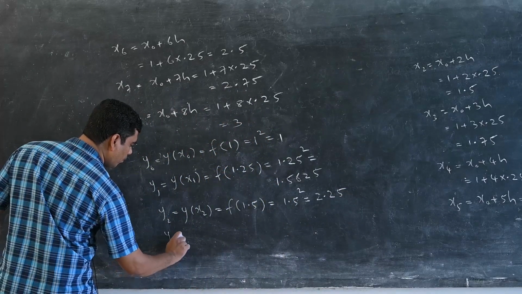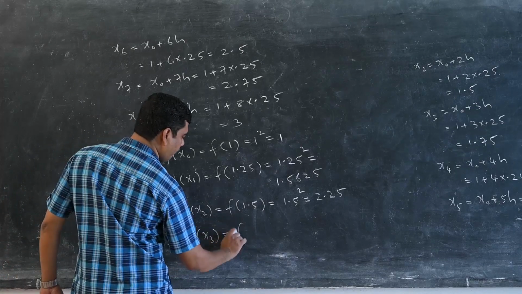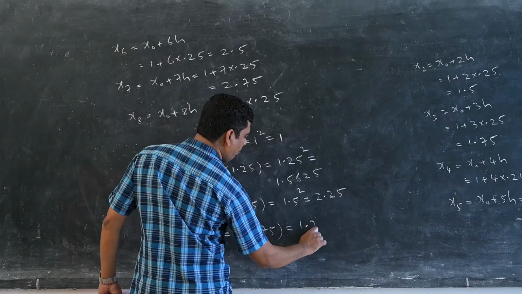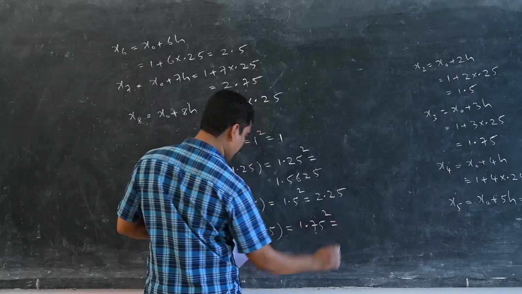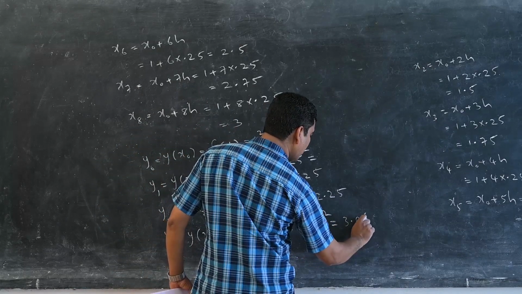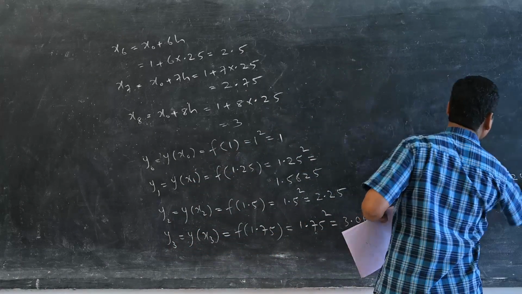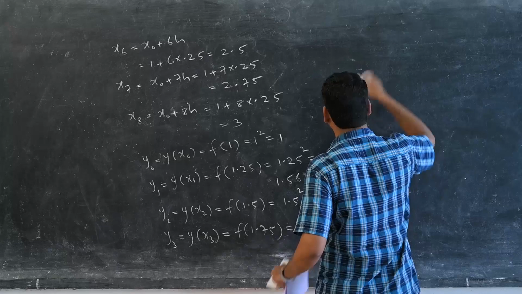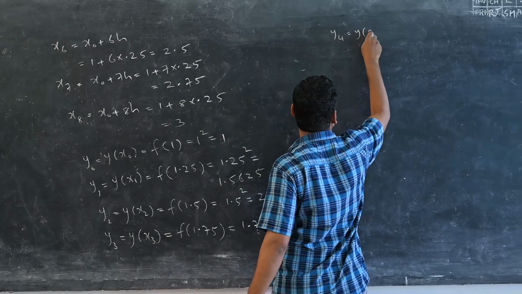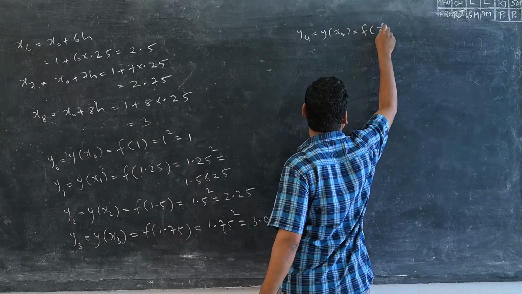y3 is equal to y of x3. It is f of 1.75. It is 1.75 square. It's equal to 3.0625. y4 is equal to y of x4 is equal to f of x4 is 2.